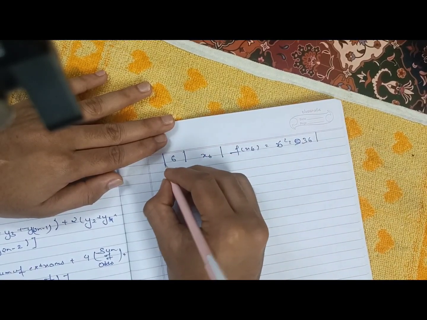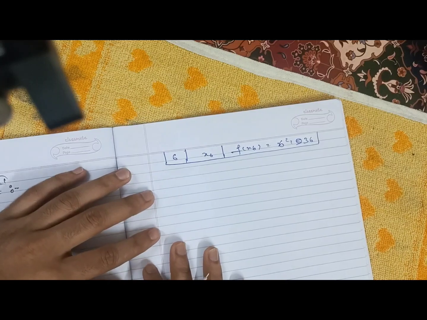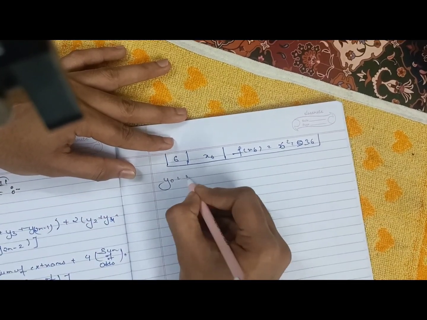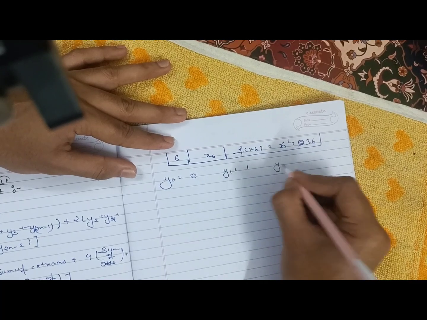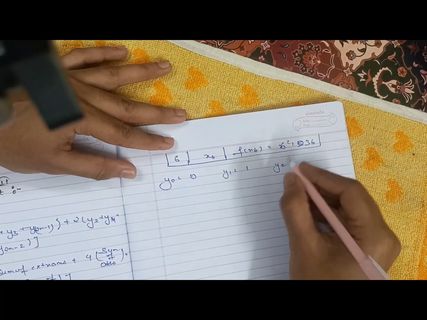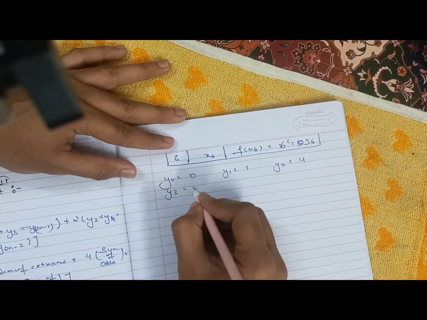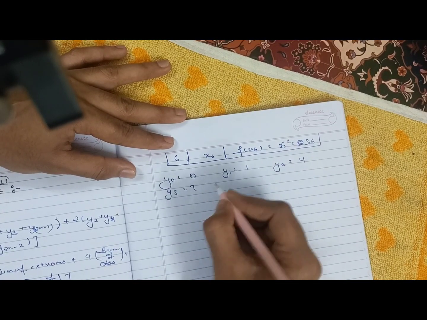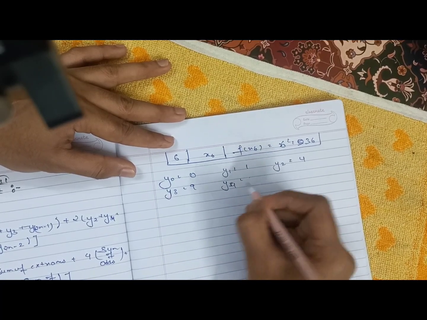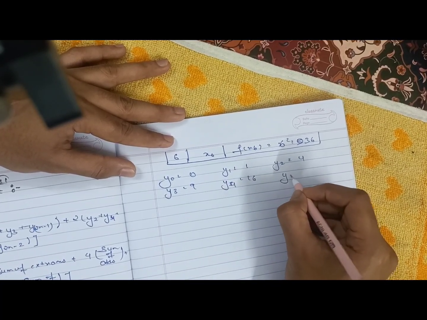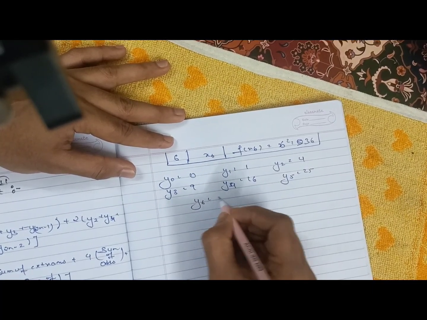Okay, so we have got y0 which is 0, y1 which is 1, y2 which is 4, y3 which is 9, y4 which is 16, y5 which is 25, and y6 which is 36.